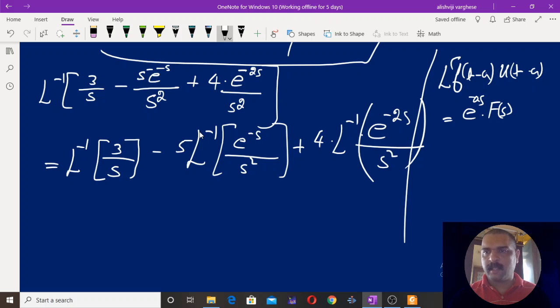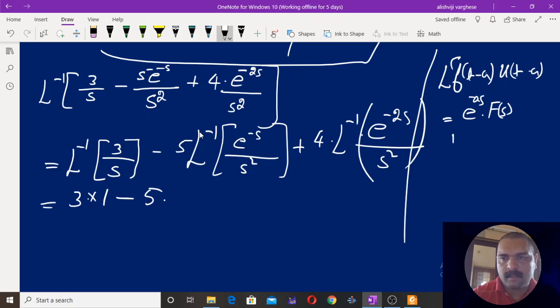And therefore in our first case it is 3 into the inverse Laplace transform of 1 by s, and the inverse Laplace transform of 1 is 1, so it is 3 into 1 minus 5 times here 1 by s square, the inverse of which is t.